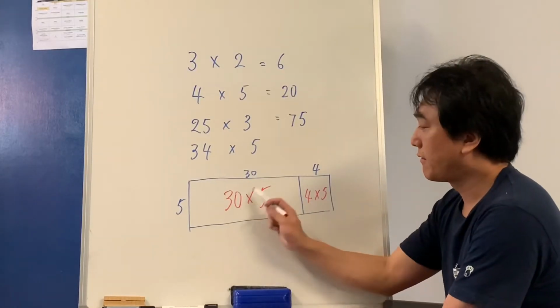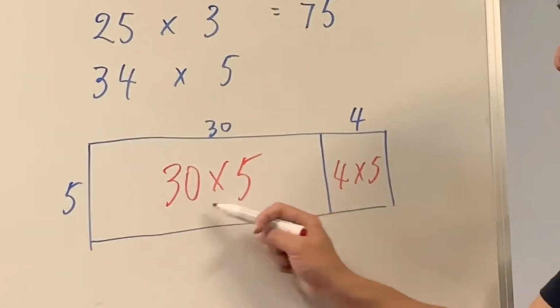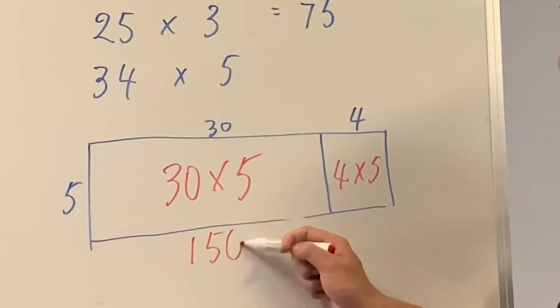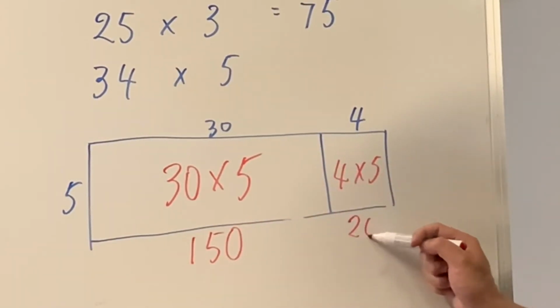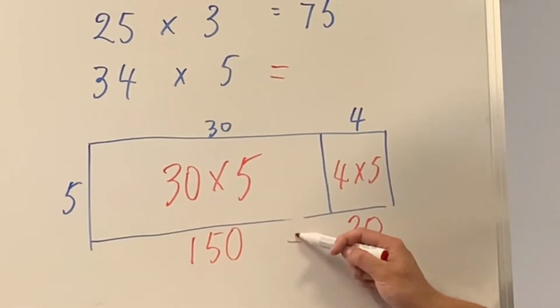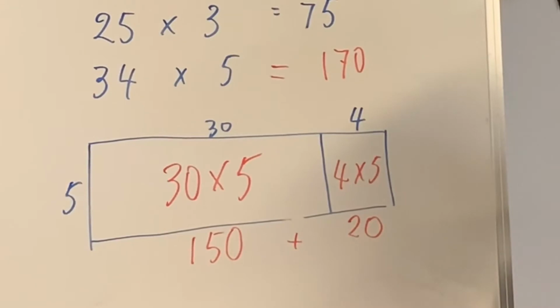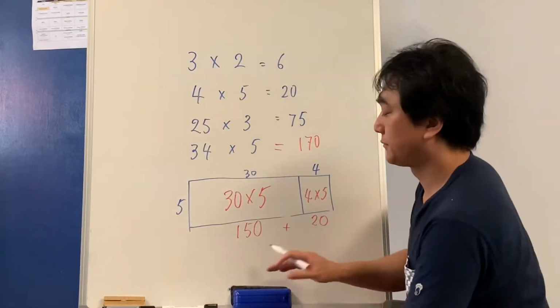So 30 times 5, imagine 30 dots, 5 rows. This is 150. This is 20. So the answer should be 170 altogether. This is not bad, is it?